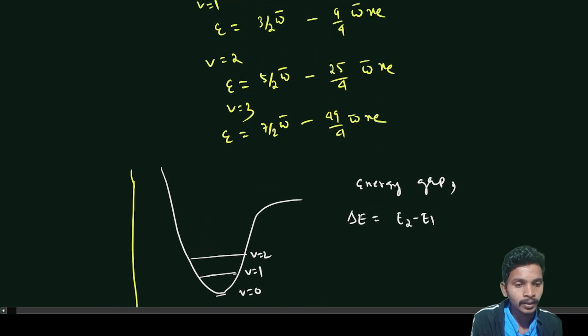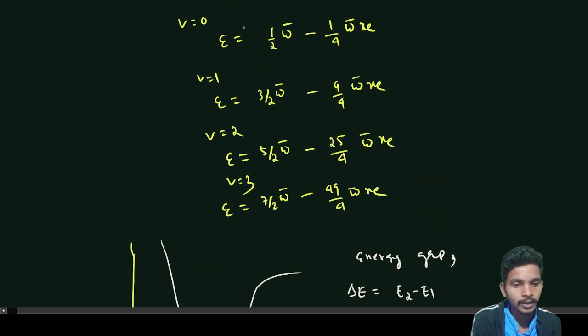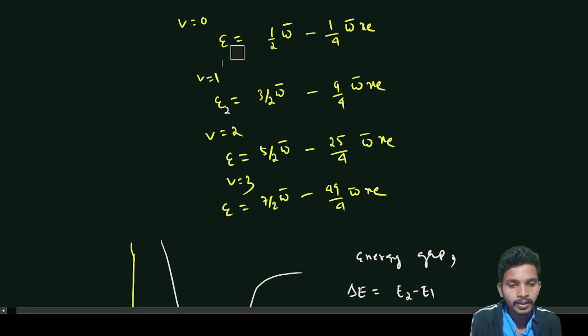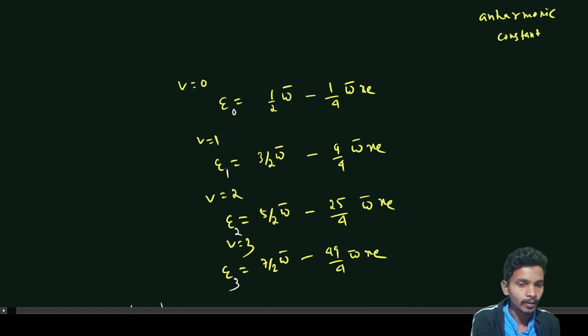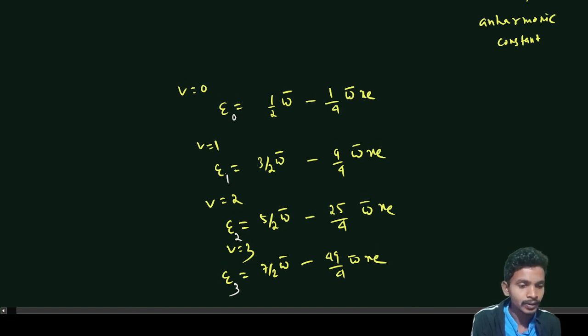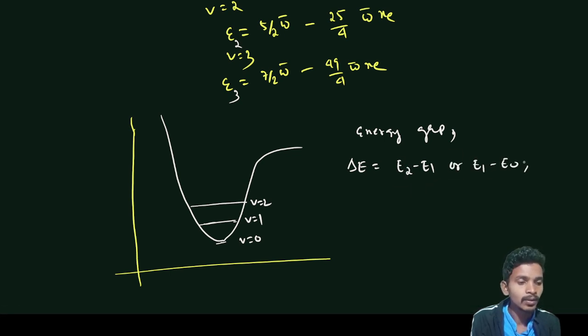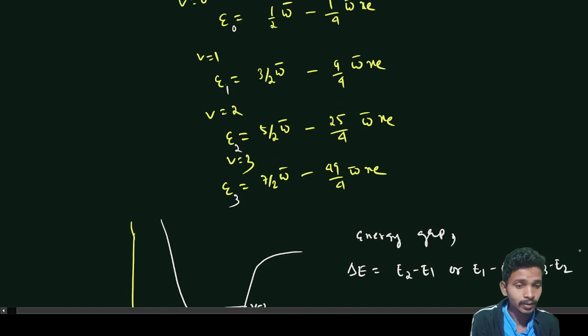Let's say I will calculate anyone, like B1 to B0. So this is E0, this is E1, this is E2, this is E3. Okay, this is because this is the zero point energy. So we can do E2 minus E1, or also you can do E1 minus E0. So anyone, or from higher energy like E3 minus E2, that is E final minus E initial. So anyone you can do.